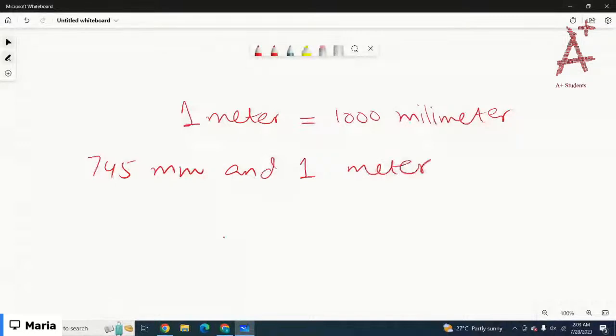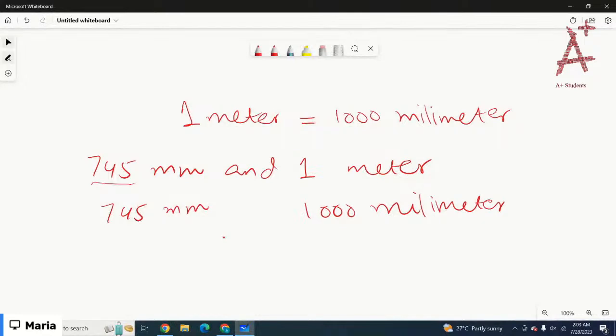So you can see here you have 745, and whenever you are going to compare units, you have to write them in the same unit. You can't compare millimeter and meter, so you have to convert this meter to millimeter. So it would be 1000 millimeter. So which is more, 745 or 1000?